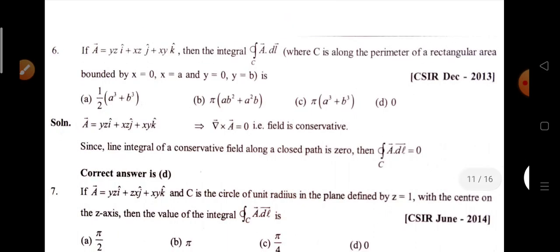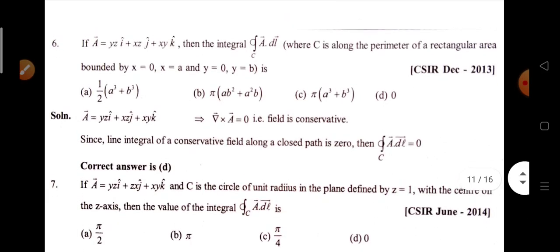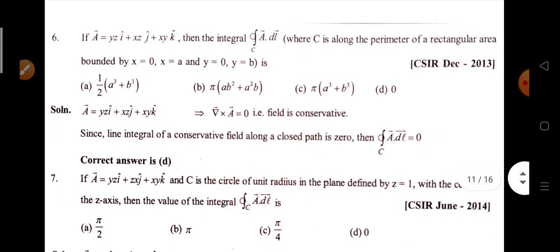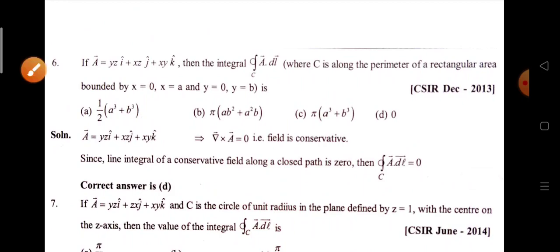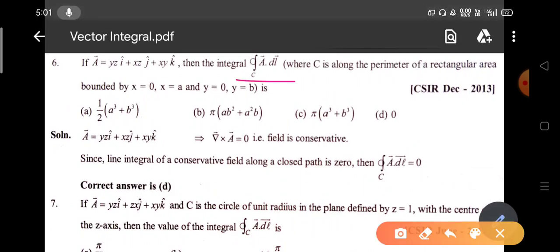So the first question: A equals yz i cap plus xz j cap plus xy k cap, then the closed integral over C of A dot dl, where C is along the perimeter of the rectangular area bounded by x equals 0, x equals A, y equals 0, y equals B, is how much?